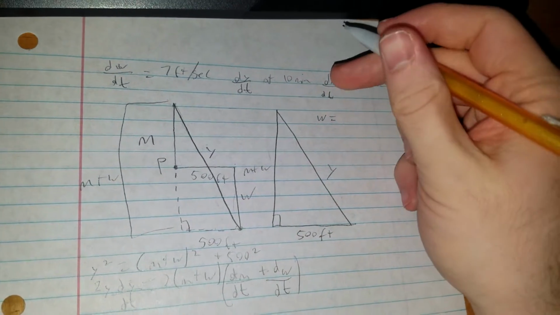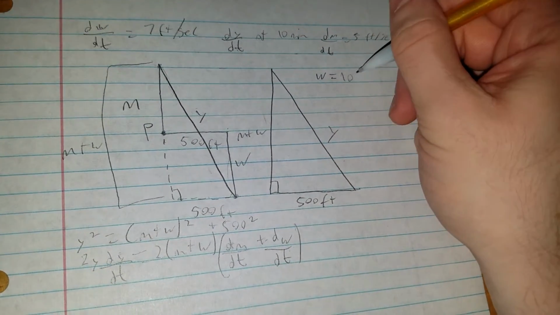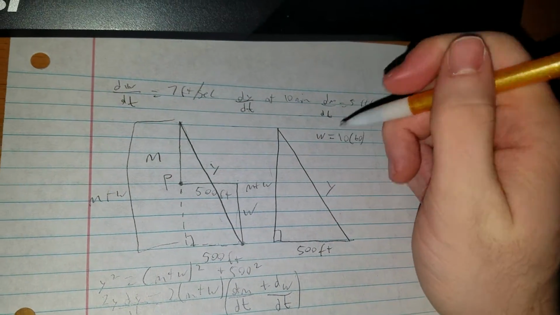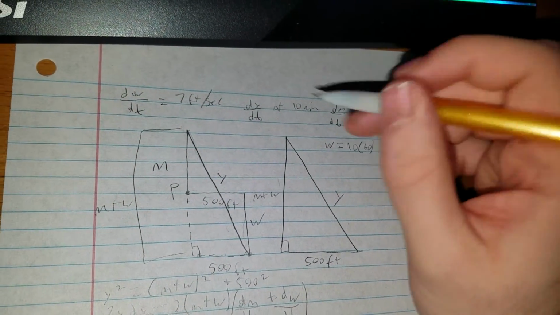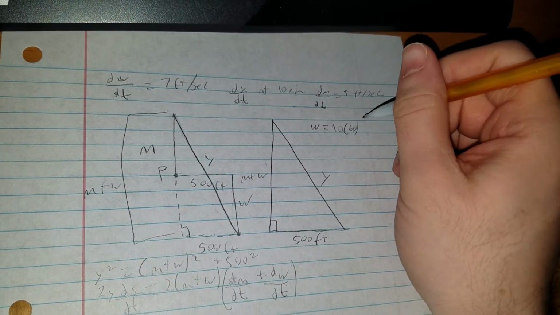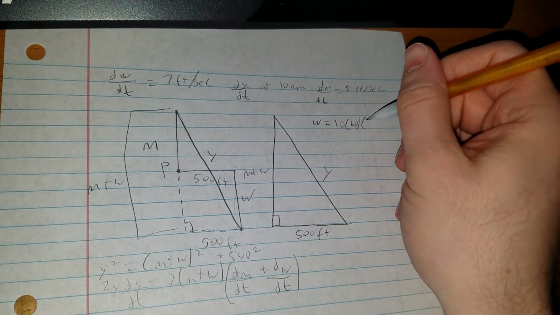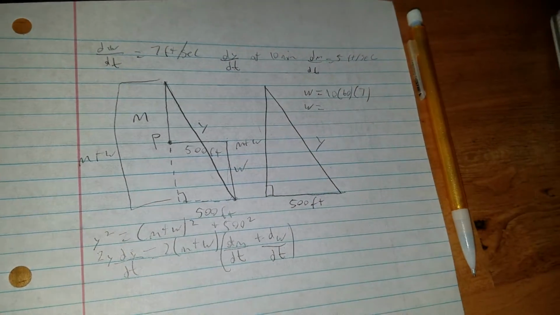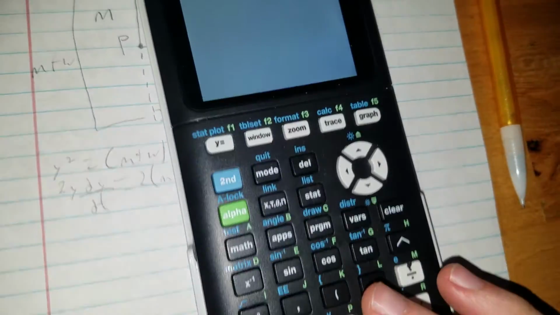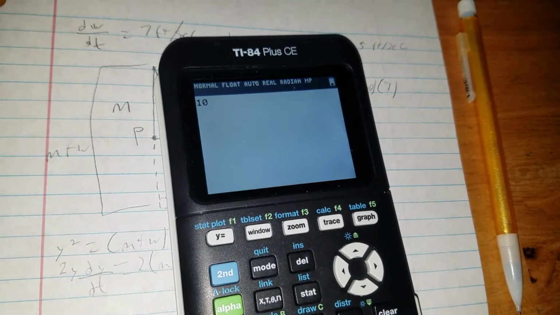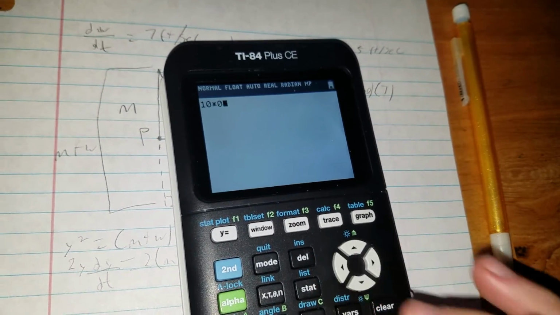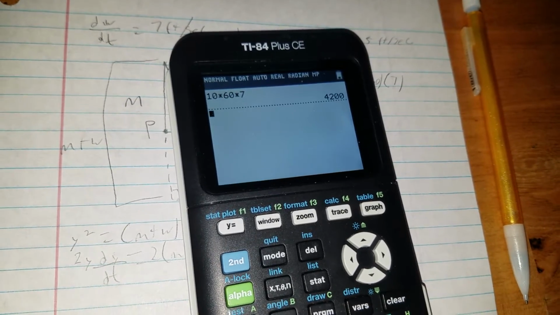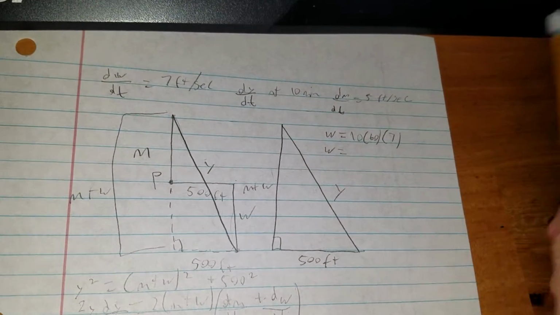First, we have to convert those 10 minutes into seconds, so it's 10 times 60. Once it's converted to seconds, we multiply by 7, because she's walked 7 feet for every second. So w equals 10 times 60 times 7, and that's going to be 4,200.